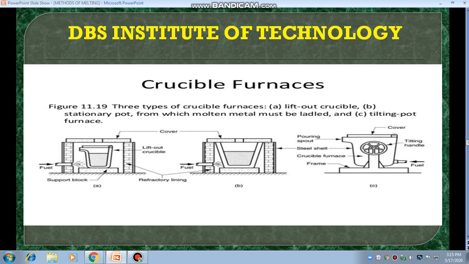Here we have shown three types of furnaces. The three types of crucible furnaces are, from the left side, the lift out crucible furnace, in the middle the stationary pot furnace, and on the right side the tilting pot furnace.